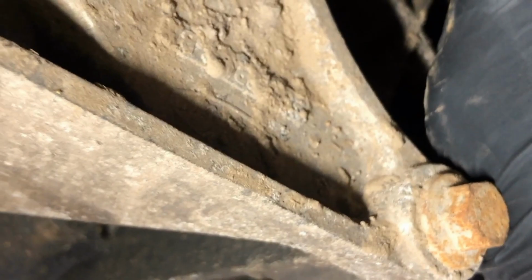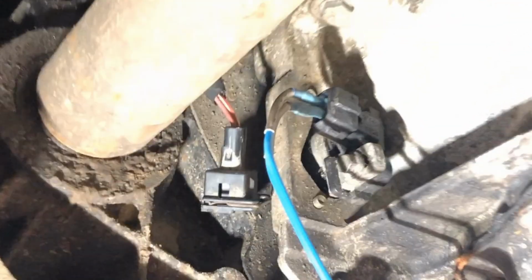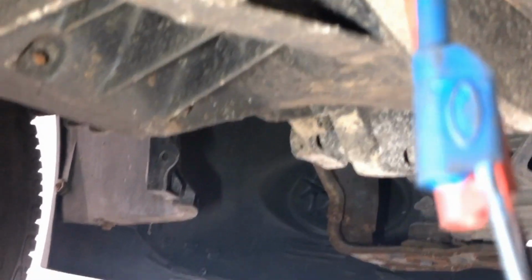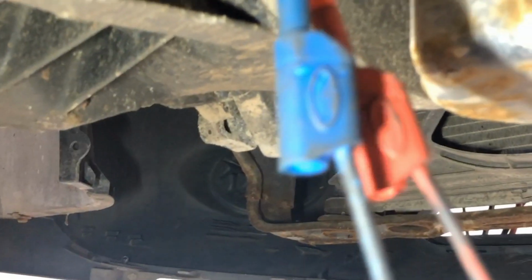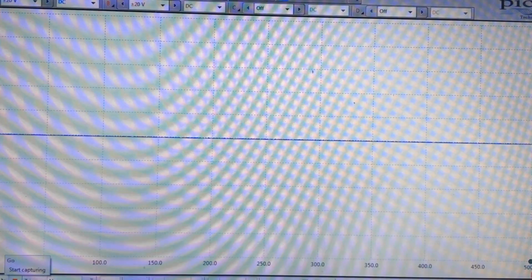As I say, it's an inductive type sensor, so it generates its own voltage, so it doesn't need to be plugged in to the engine ECU to be able to test it. So I've got a couple of breakout leads on it, just plugged directly onto the pins on the sensor, and they're connected to my scope wires. So we'll crank this engine and see what signal we're getting from it.